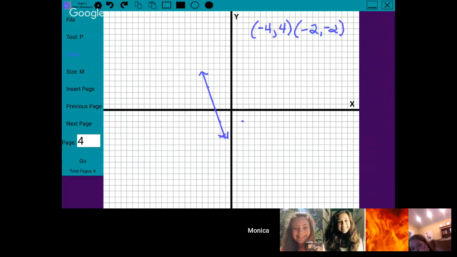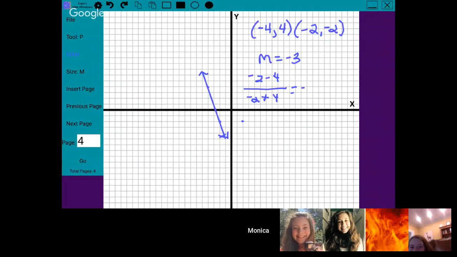Right, it's negative 3. Because you did negative 2 minus 4 over negative 2 plus 4, because it's a minus minus 4.